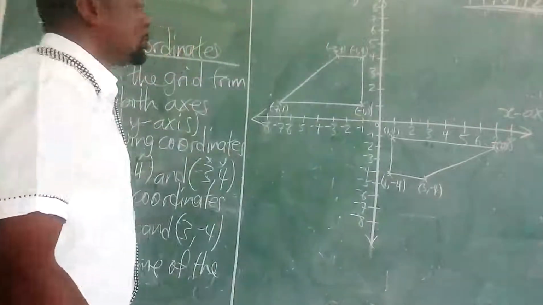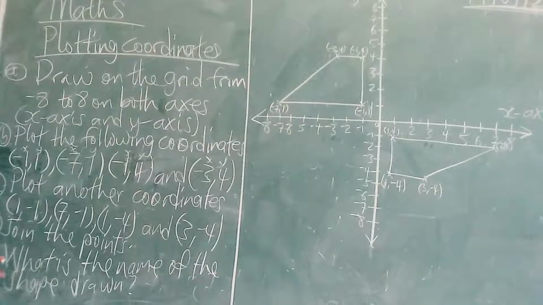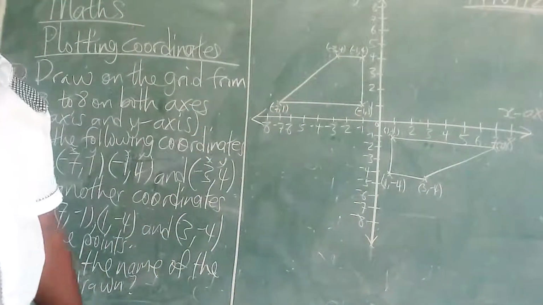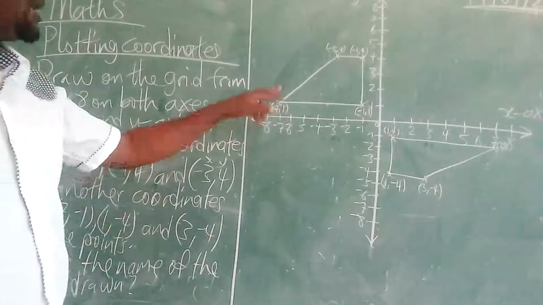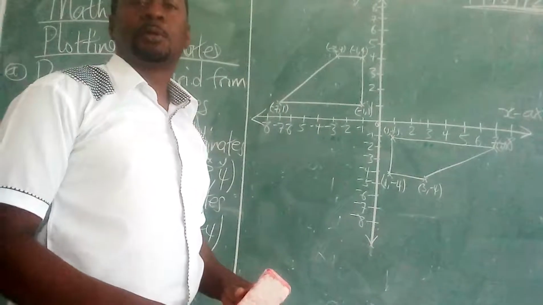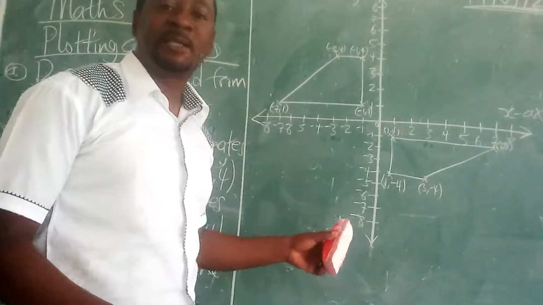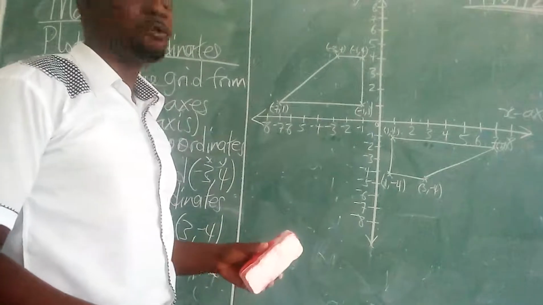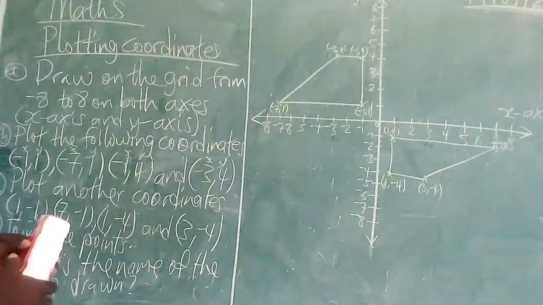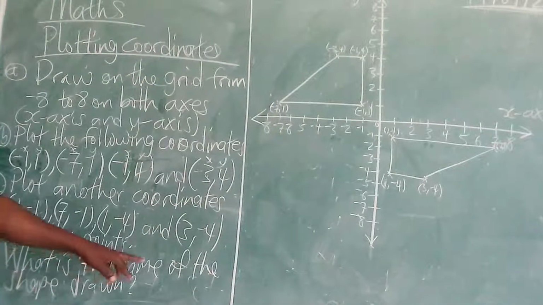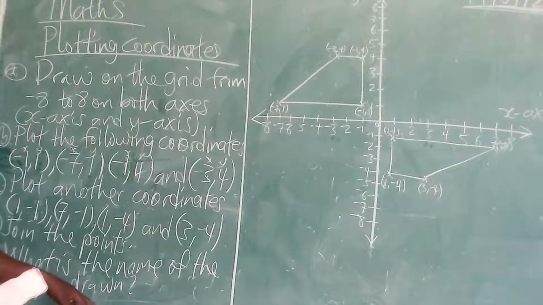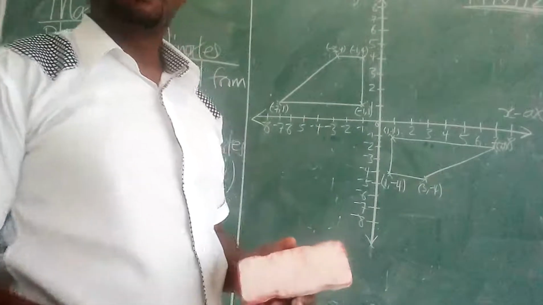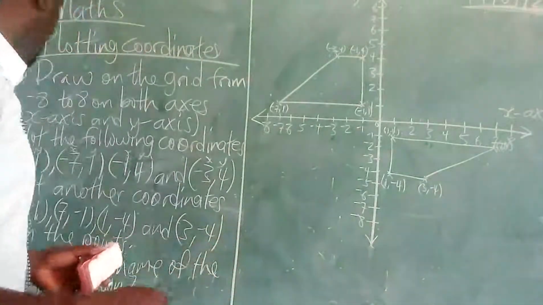Now, on the board we finished. So, what type of shape have I drawn? Or what type of shape can you see on the board? Which shape have I drawn? That's question E. What is the name of the shape drawn?